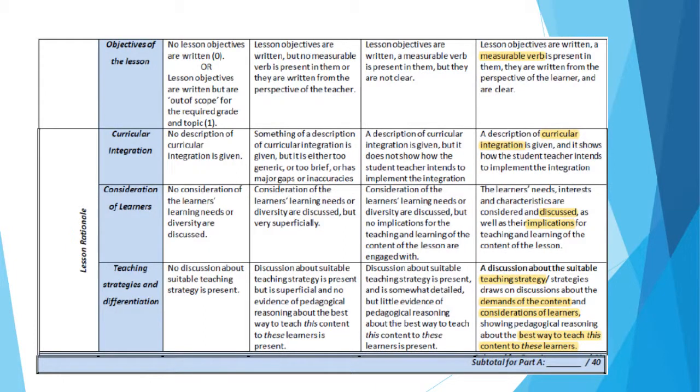In other words, the content of your lesson, why did you decide to use a certain teaching strategy to teach this content about data handling to these learners in your class, focusing on their, for instance, learning styles, if you have chosen that as your differentiation, or on their level of skills, or on their needs, or whatever you decide on to differentiate.